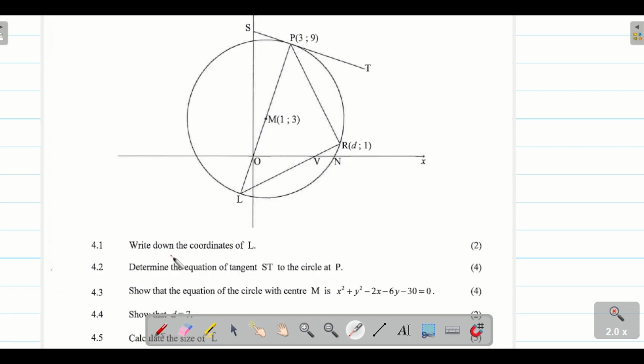4.1 says, write down the coordinates of L. So L is this point, and L is on line PL.